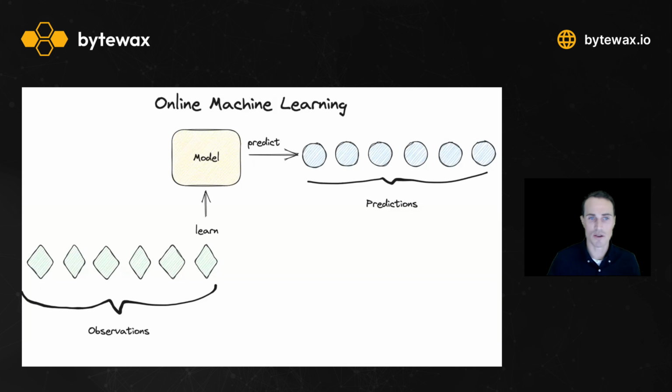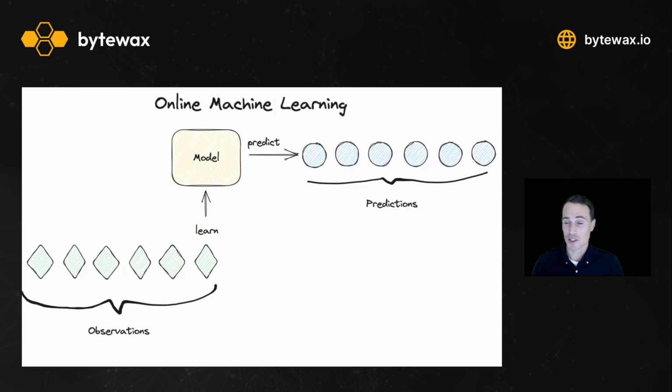It can also be quite useful when you have data that doesn't fit into memory, so you can process the data in smaller batches. And in addition, online machine learning is particularly useful when you are working with unbounded data like you do in streaming use cases.